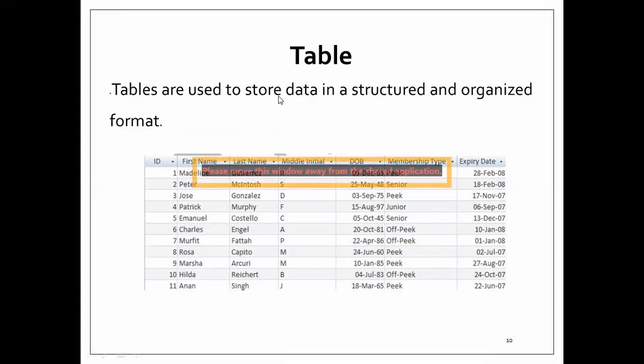But we use another object called a form in order to enter data into our database. Of course, this data can be entered using a form, but that data is stored in the table itself. That shows how powerful a table is. So to enter data in our database, we need another object called a form.